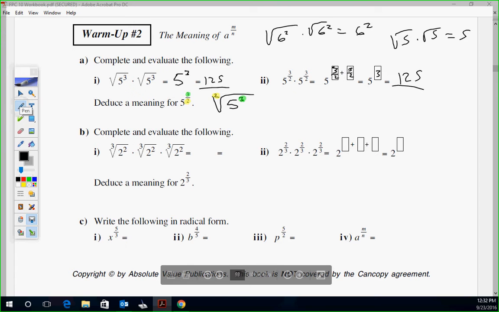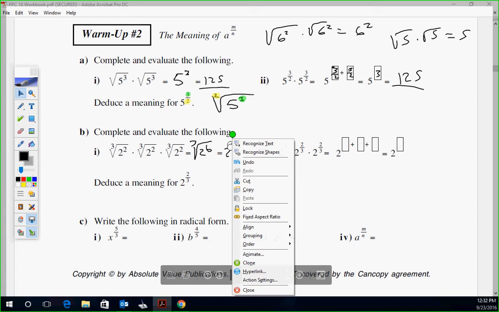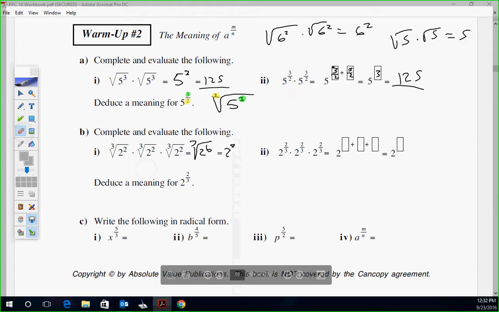Let's look at another one. So we have the cube root of 2 squared times the cube root of 2 squared times the cube root of 2 squared. So that's going to be the cube root of 2 to the 6th, which is going to be just 2 squared, because there's 3 of them. So 2 squared, which is 4.